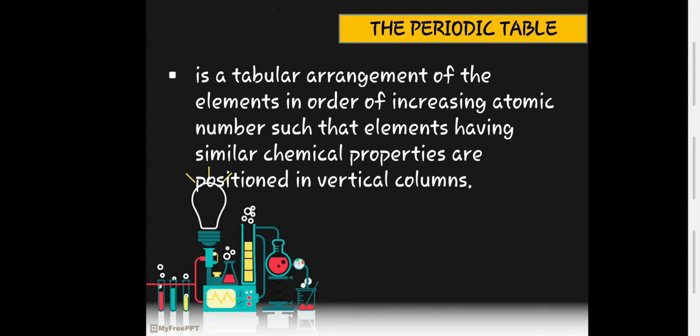Always remember that the periodic table is a visual table that shows the periodic law, which is the arrangement by increasing atomic number of a certain element. So always remember that the periodic table is the visual of the periodic law.